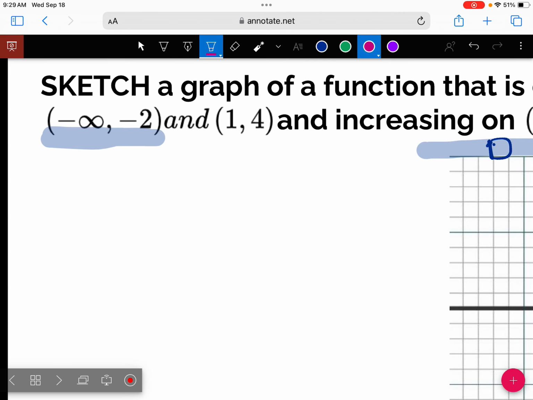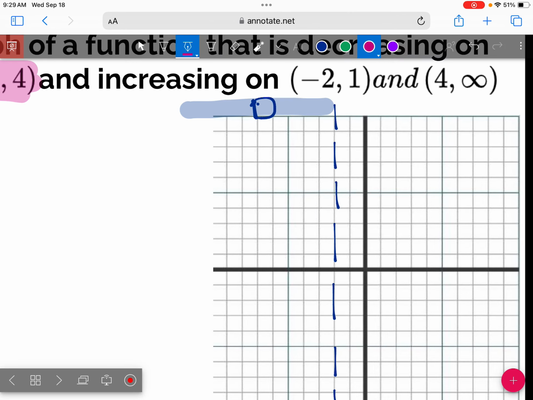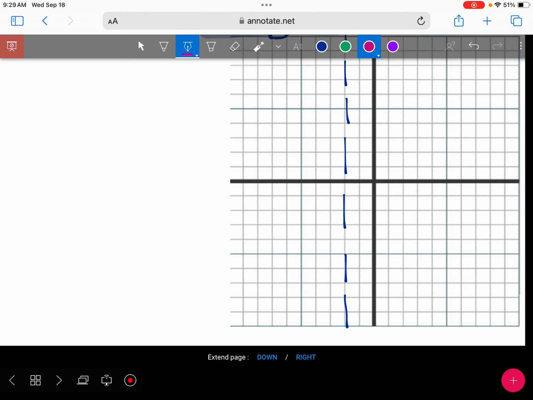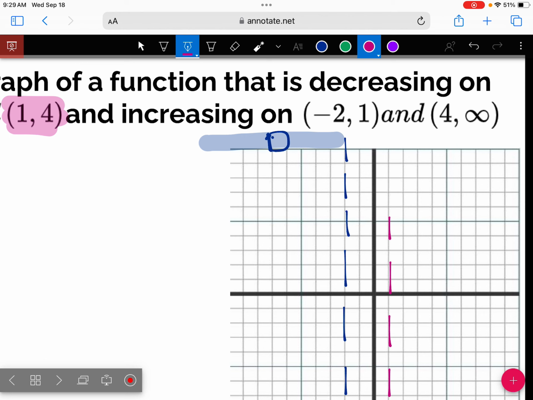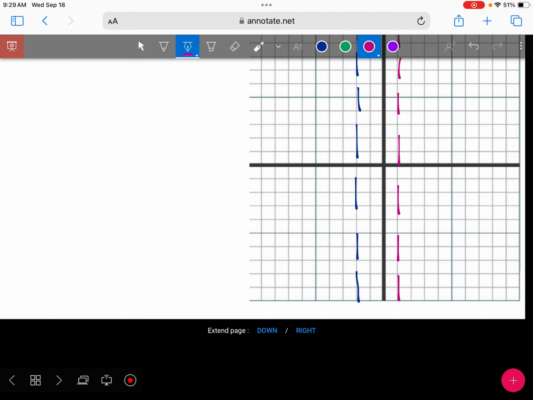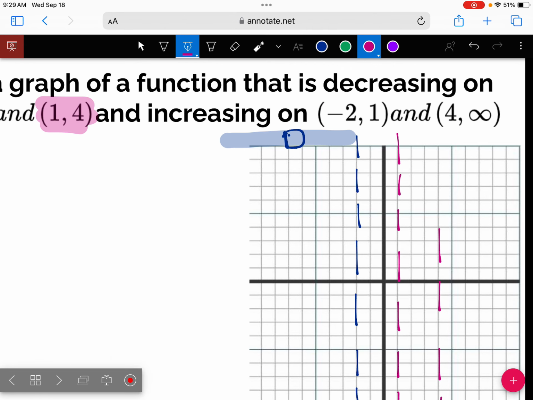And I'm going to put my interval for 1 and 4. So I need 2 walls on that one. So at 1, I'm going to have a little wall. And at 4, luckily yours are all numbered. Mine's not numbered. And in between those 2 little walls, we are still decreasing.